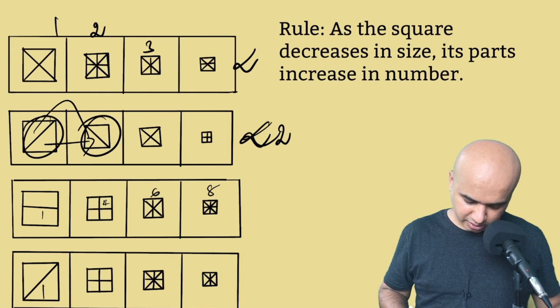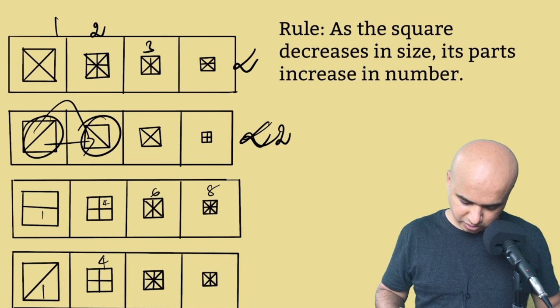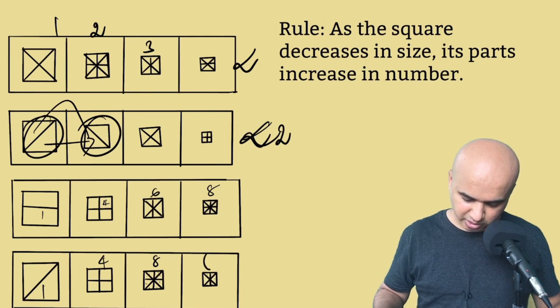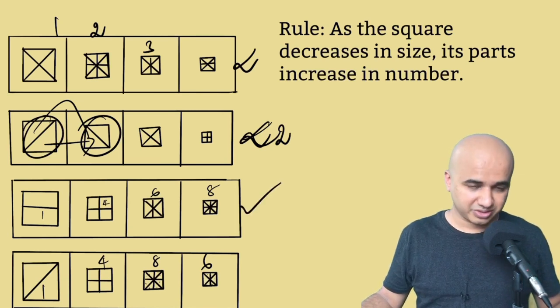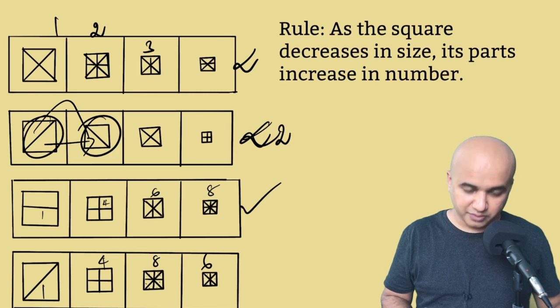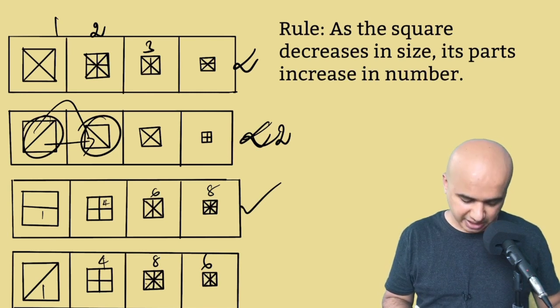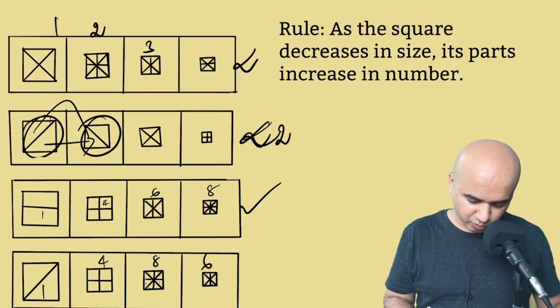So here 1, then 4, then 6, then 1, 2, 3, 4, 5, 6, 7, 8 parts, and then actually 1, 2, 3, 4, 5, 6 parts. So now you tell me which of these options are right. Obviously option C, or option 3. Why? Because in the first diagram of option C, we had only 2 parts, 1 and 2.